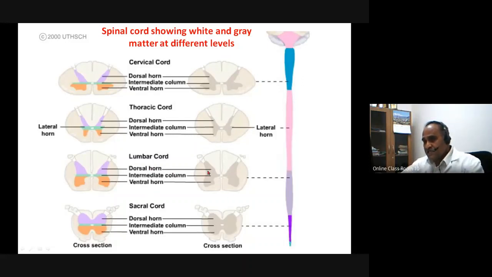Because of the supply to the motor nerves and the sensory inputs, there is a large amount of gray matter. In the thorax, the gray matter becomes less and the white matter increases. When you come back to the cervical region, where there is a cervical enlargement, the gray matter is more. This is what happens at the different levels of the spinal cord.